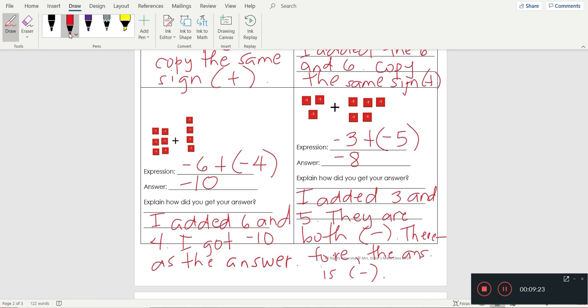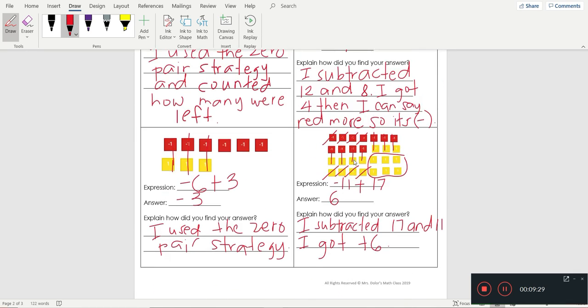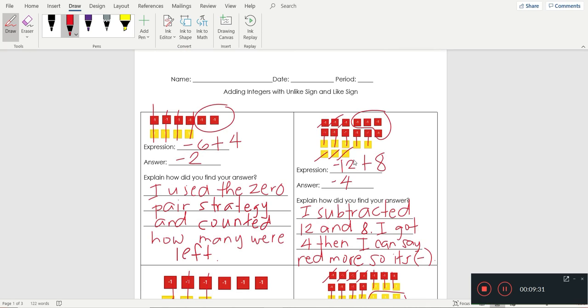So this is how you're going to add unlike integers and like integers. Our conclusion is that whenever you add integers with unlike sign, you're going to subtract. How you're going to get the answer depends on the number of the negative and the positive numbers.